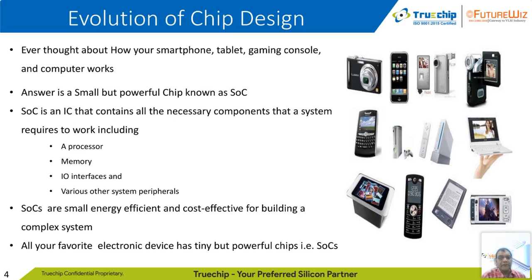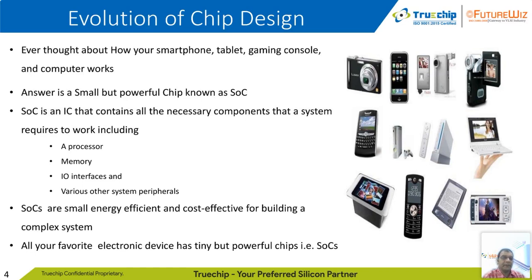Okay, so we look at the evolution of chip design. Have you looked at the gadgets that you use all around? Few of them are shown in the images here, and all these gadgets contain multiple chips inside. Of course, you all know each of these chips today is called an SoC. SoC stands for system on chip. It's called a system because it contains a lot of hardware inside.